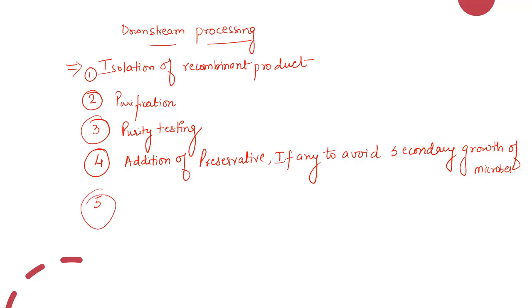And the last step in the downstream processing is packaging. So these are the 5 points in downstream processing.